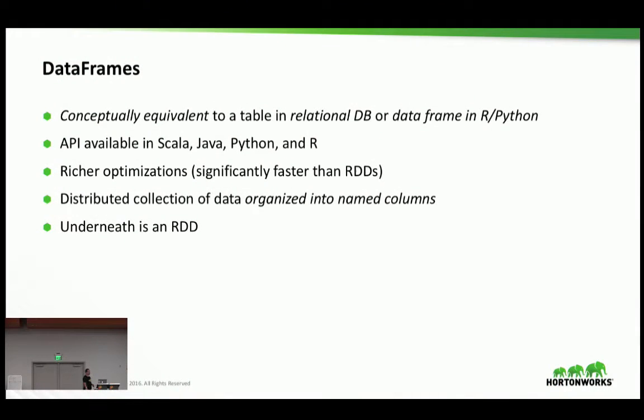So DataFrames, this concept comes from the world of R or Python. They're conceptually equivalent to the data frame in those two languages. And they've developed this API, and it's accessible in Scala, Java, Python, and R. Like I mentioned before, the core concept here is that they're significantly faster than RDDs because they have these optimizations.